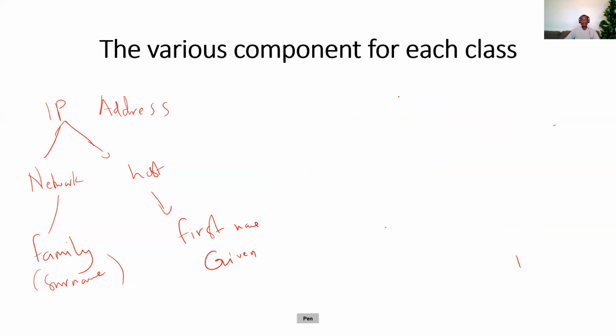So let's take another example. Don't forget we're considering only class A to class C addresses. So in this example, we're taking 148.7.254.3. Again, looking at the ranges, looking at the first number, this is certainly going to be a class B address.